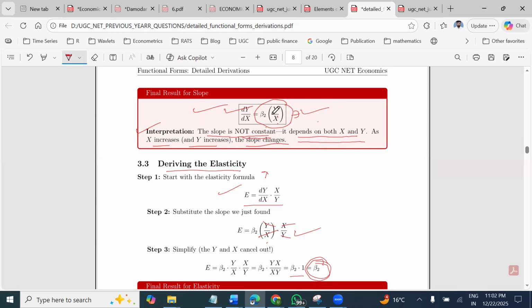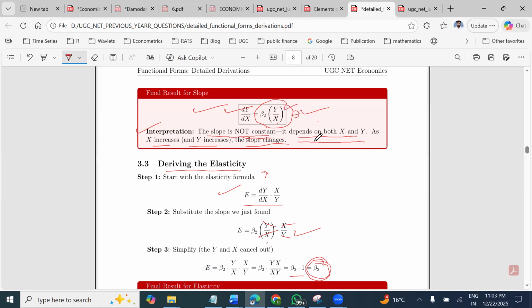Now you are asking why it is so. What was your question? Sir, my question is whether the left hand side dy by dx is not constant. It is not constant, right? Because the y value will change.